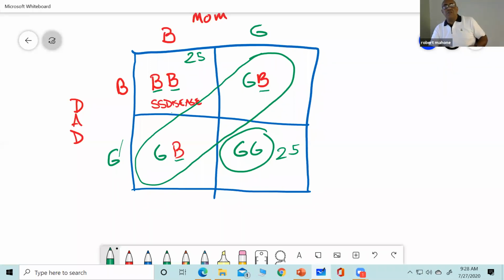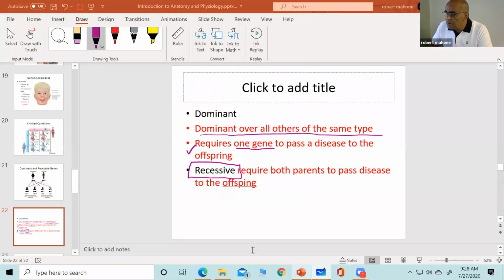So sickle cell is a condition that is caused by a recessive gene, requiring two genes for you to have the condition. Not so with dominant genes. One gene can pass the disease. Recessive requires both parents to pass before the child will have the disease. So know the difference.